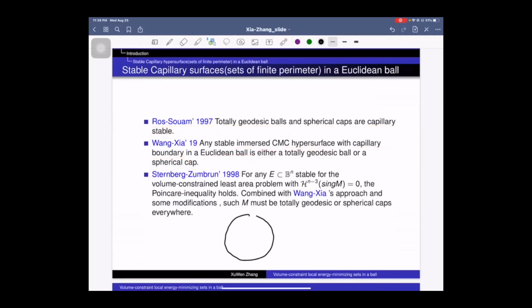which shows that for the Euclidean ball as the ambient space, the stable CMC hypersurface must be either a totally geodesic ball or a spherical cap.